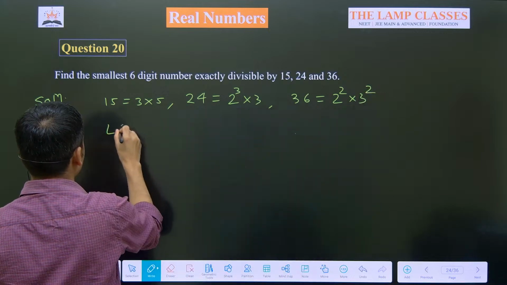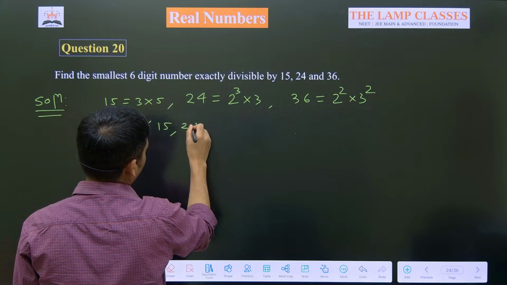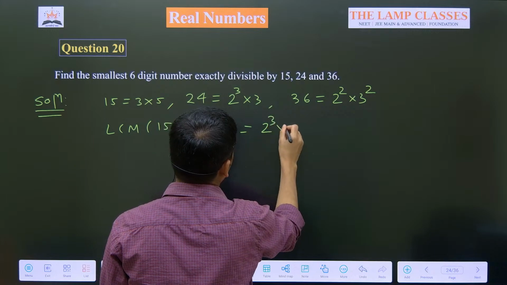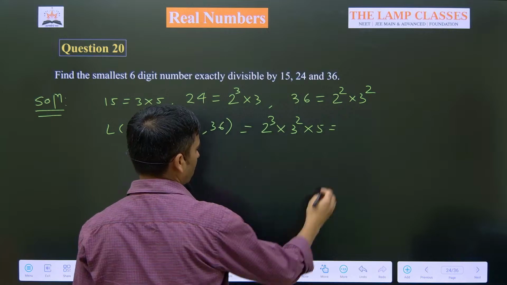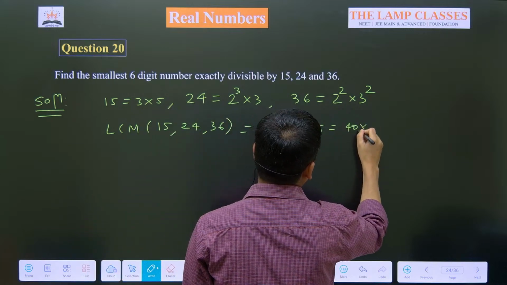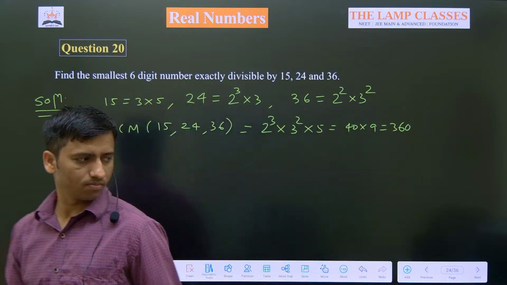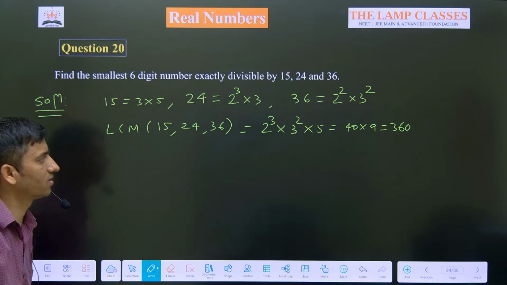So the LCM of 15, 24 and 36 will be 2 raised to 3 into 3 raised to 2 into 5. That is 40 into 9, no? 360.